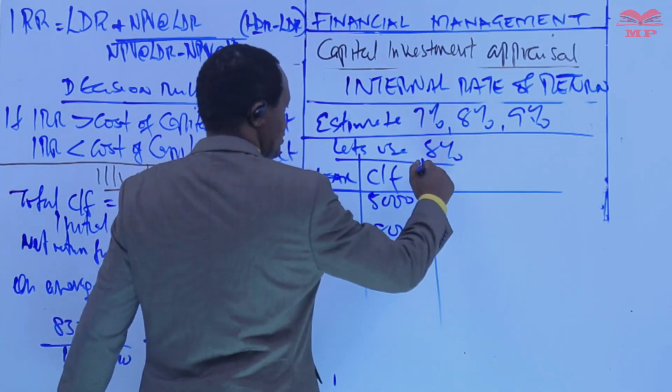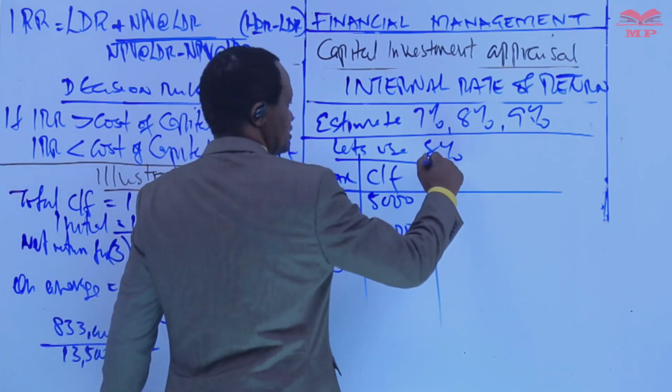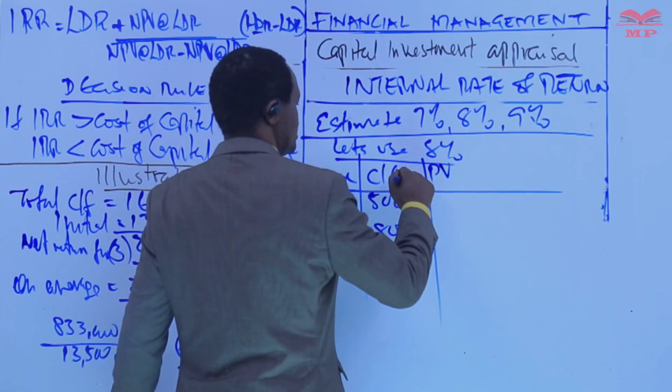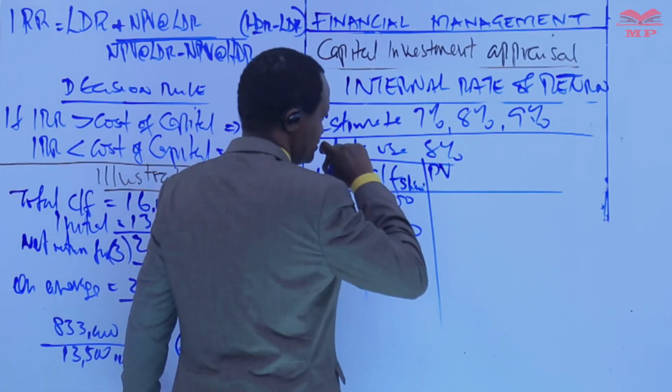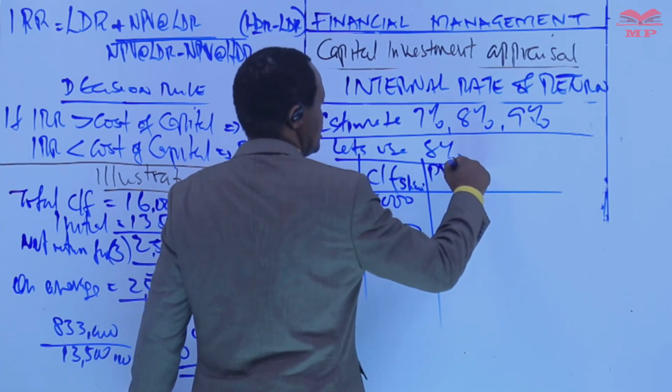So let's discount these cash flows. Present value, these are in thousands. Present value cash inflow.